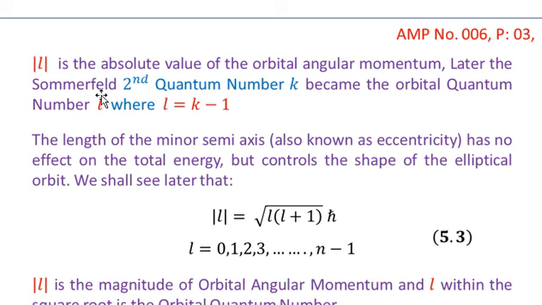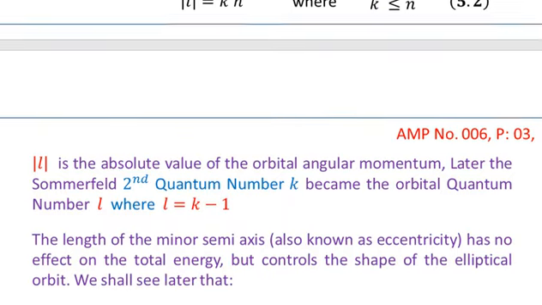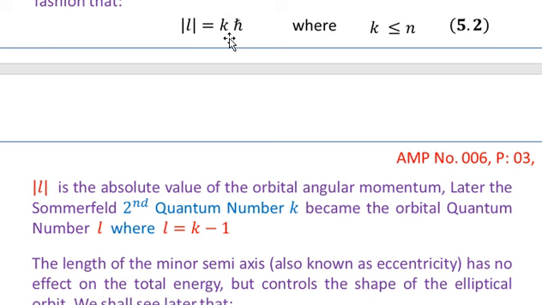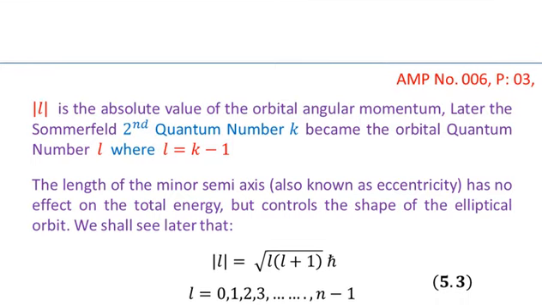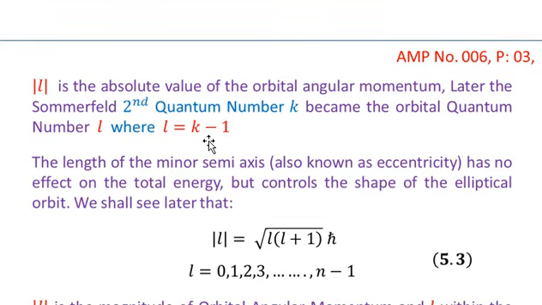Later, Sommerfeld's second quantum number k became the orbital quantum number l, where l is equal to k minus 1. So you see that here Sommerfeld introduced the quantum number k, but later we found that this k quantum number is actually related to the orbital quantum number. And you know that this orbital quantum number l is related to the quantum number k of Sommerfeld through the relationship l equals k minus 1.